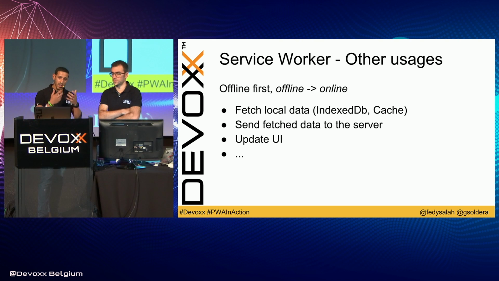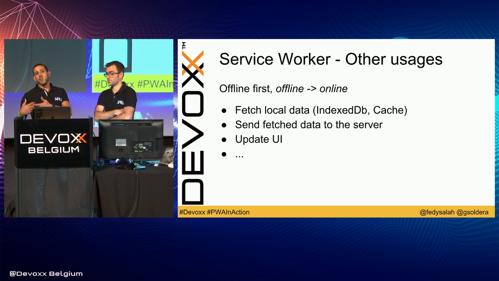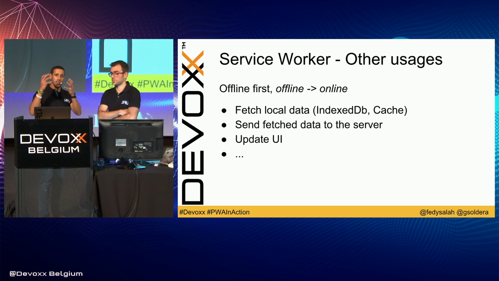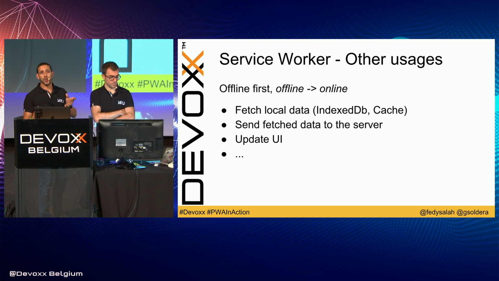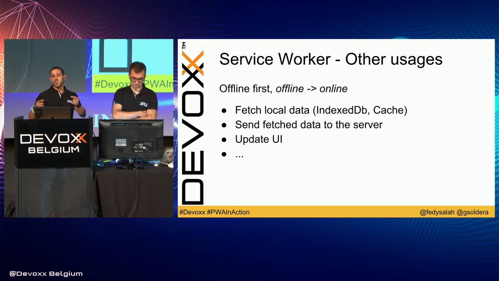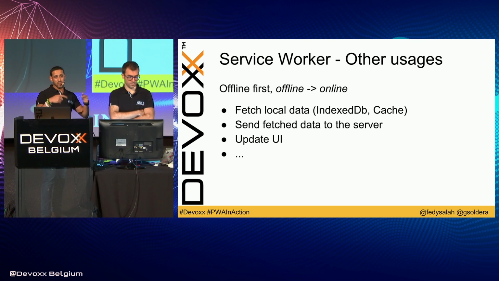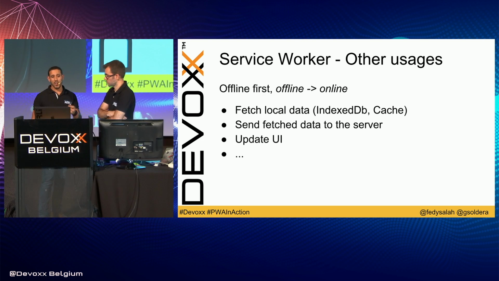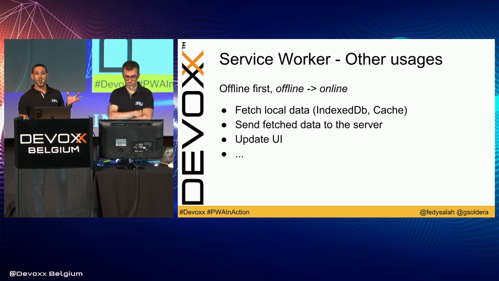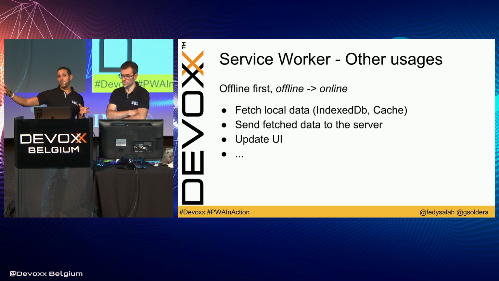So the user can actually use his app while it is offline, and then when the network state changes, the service worker will automatically fire a synchronize event, and in the implementation of the synchronize event, we can read the locally stored data and synchronize it with the server.